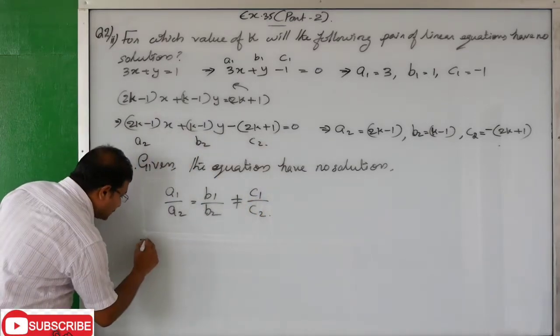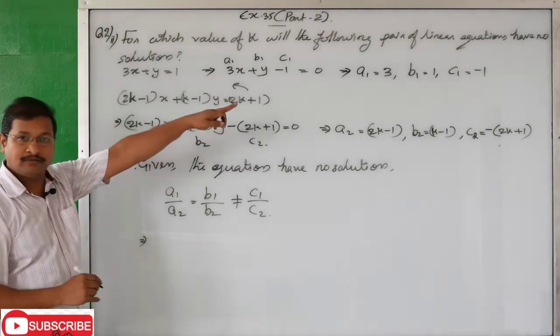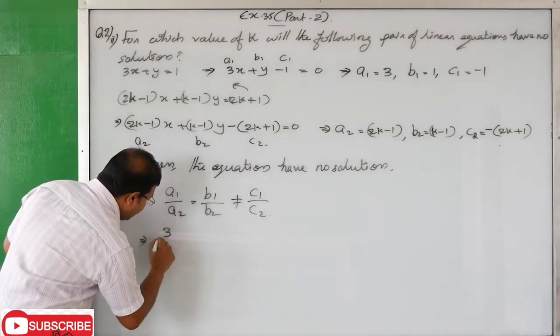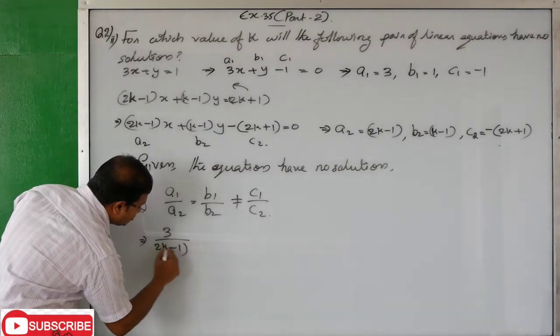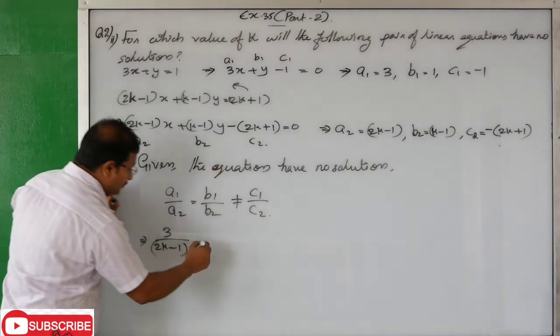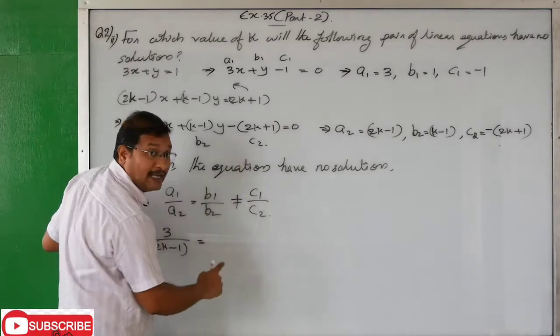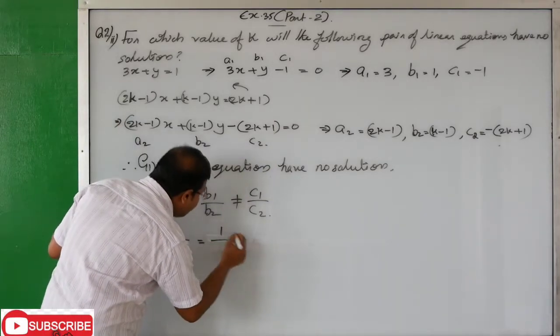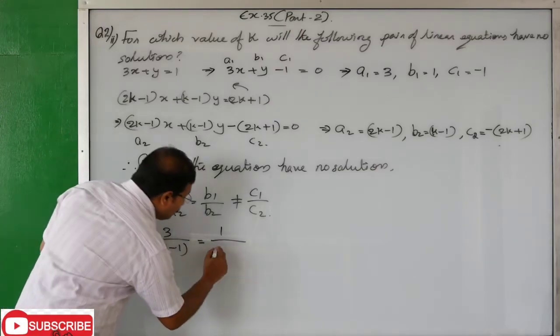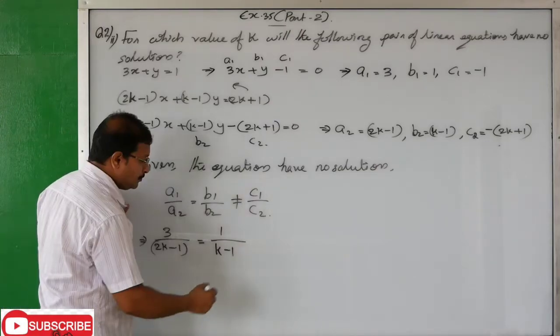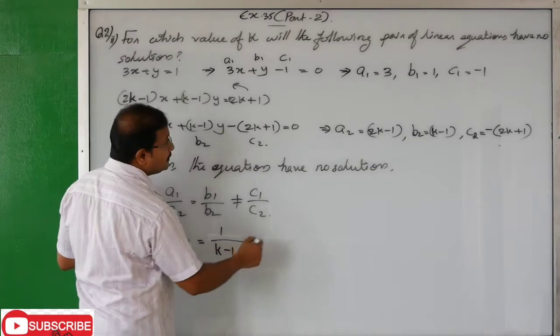Ready? This implies, what is the value of a1? Check it, 3 divided by a2, which is 2k minus 1. Ready? Equals b1, b1 is 1, divided by b2. What is the value of b2? That is k minus 1, not equal to c1 by c2.